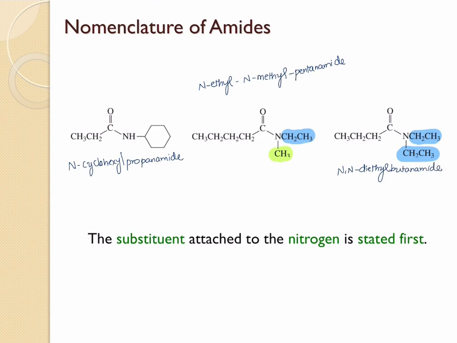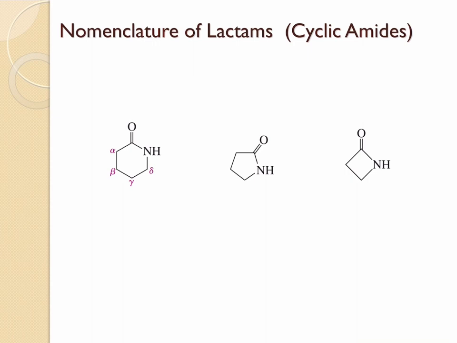While this is a secondary amide, these 2 right here are tertiary amides. So whenever you're naming substituted amides, you need to make sure that the substituent attached to the nitrogen comes first. In all of these, you can see that the name of the substituent attached to the nitrogen is coming first.